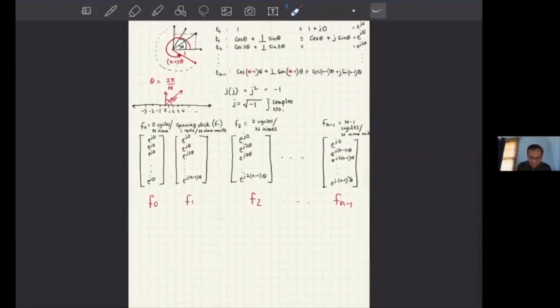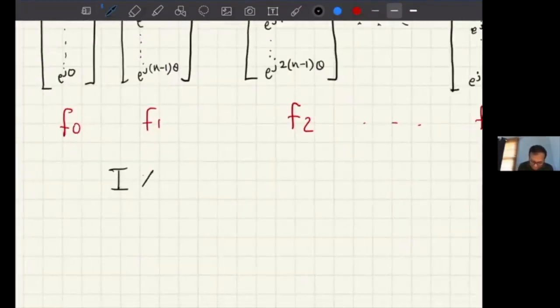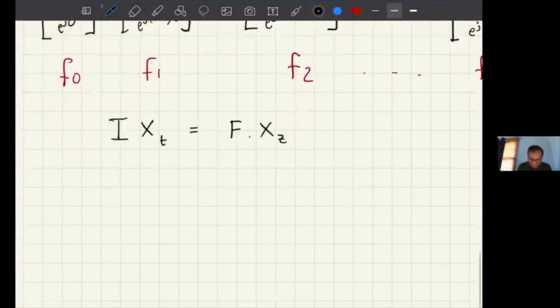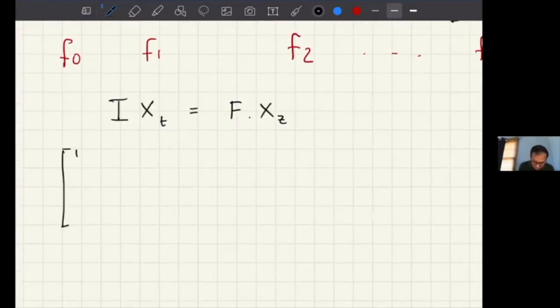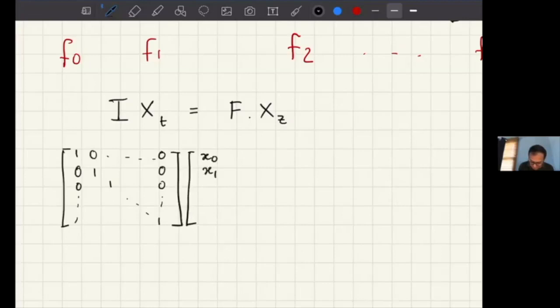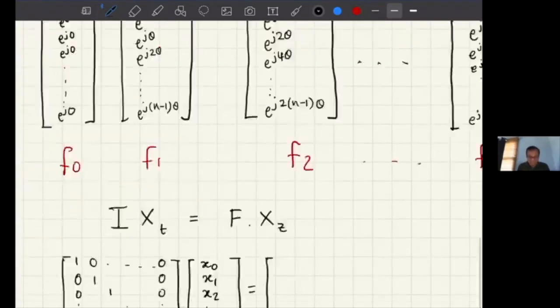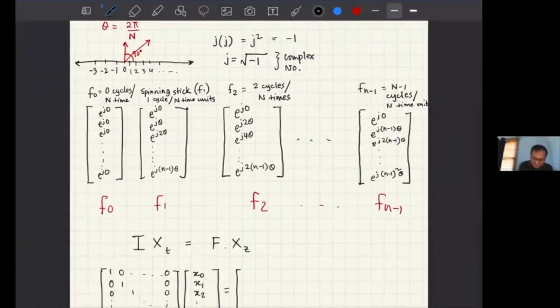So then I can now express, remember we can bring back x equals F z. So I can write the identity as 1, 1, 1, 1, 0, 0, 0, 0, 0, 0 times x equals this F matrix, which is now this matrix.